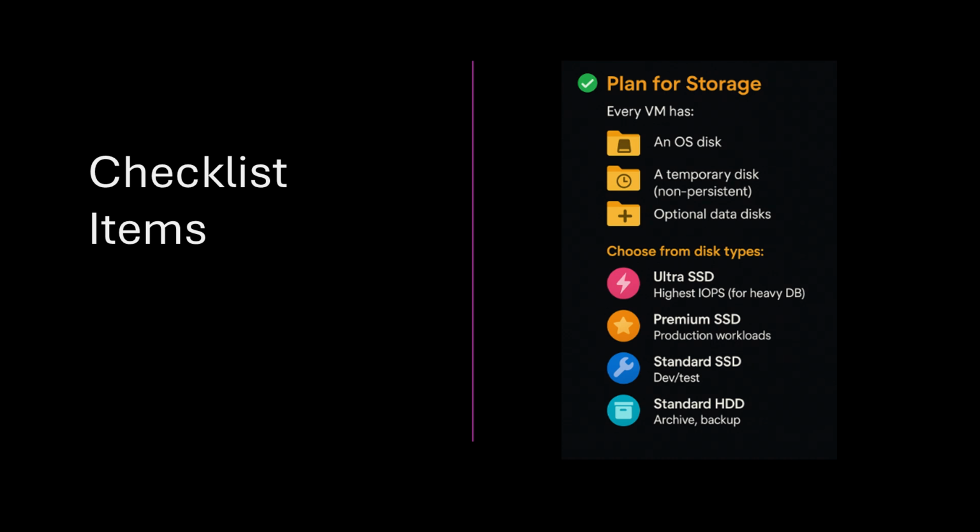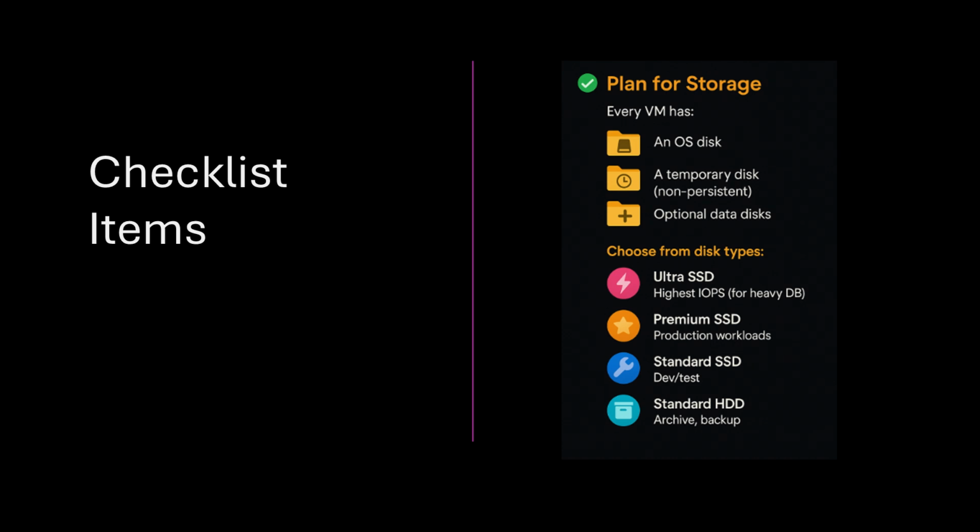Next, you need to choose the right disk type based on your workload and budget. If you are running heavy databases and need the best possible performance, go for Ultra SSD, which offers the highest IOPS. For production workloads, Premium SSD is a reliable and high performing option. If you're working in development or testing environments, standard SSD will offer decent performance at a lower cost.